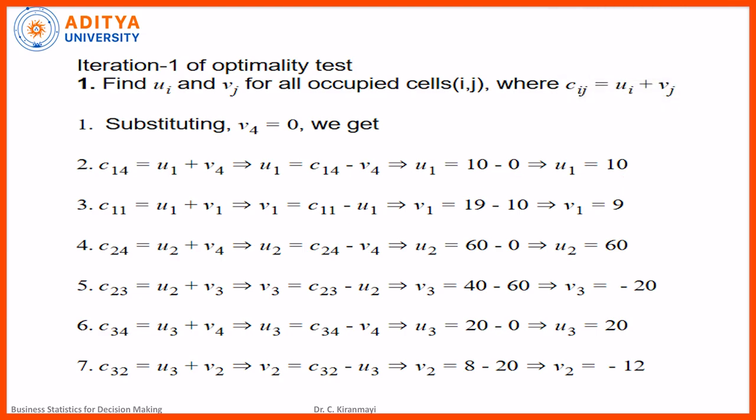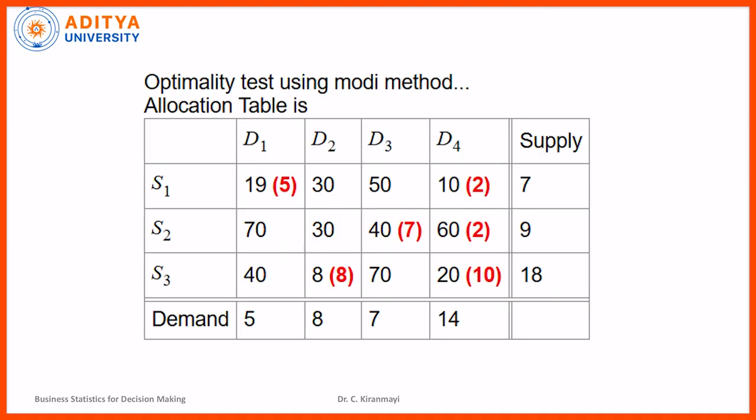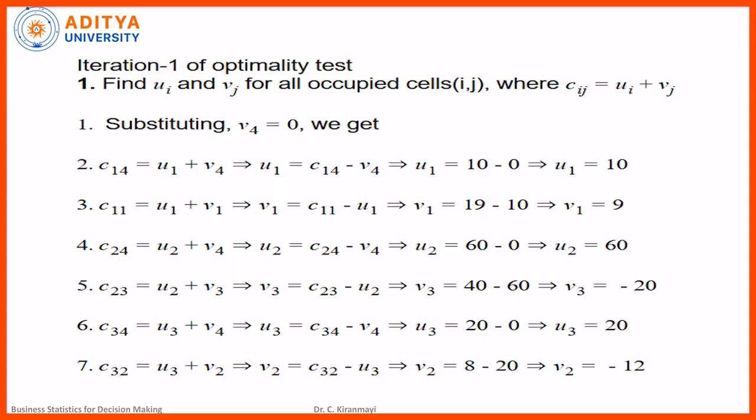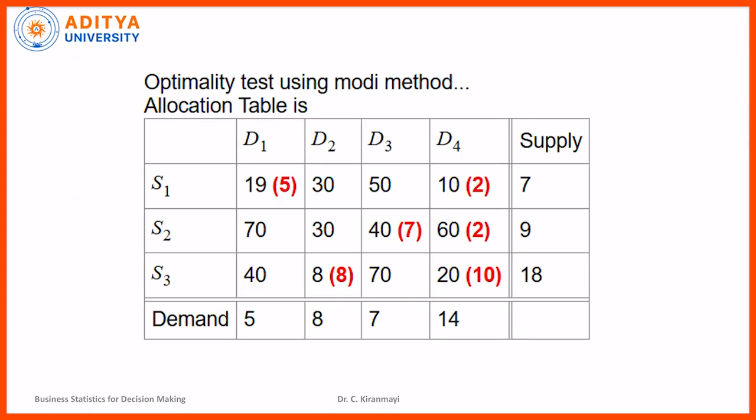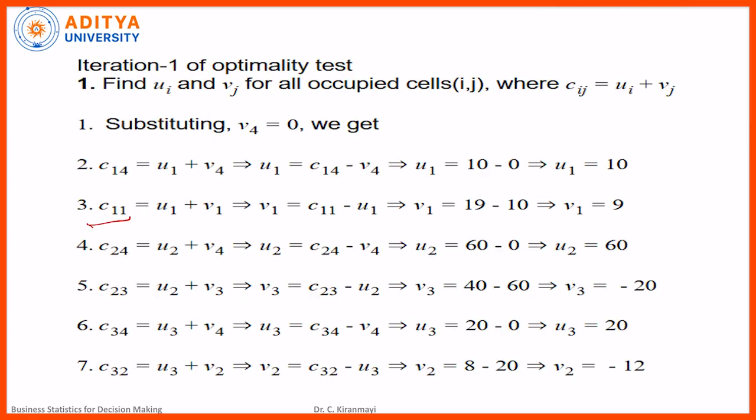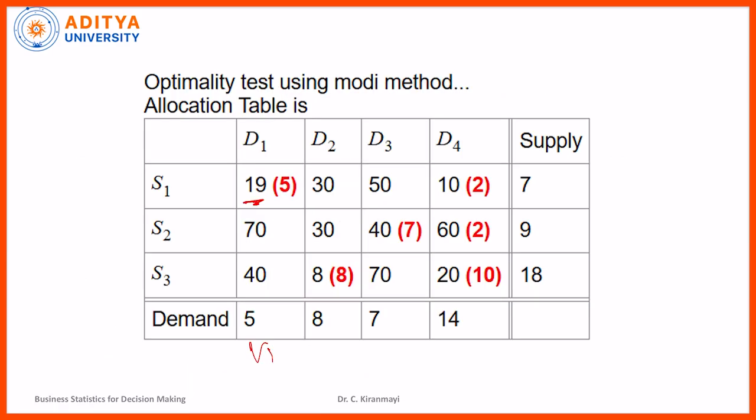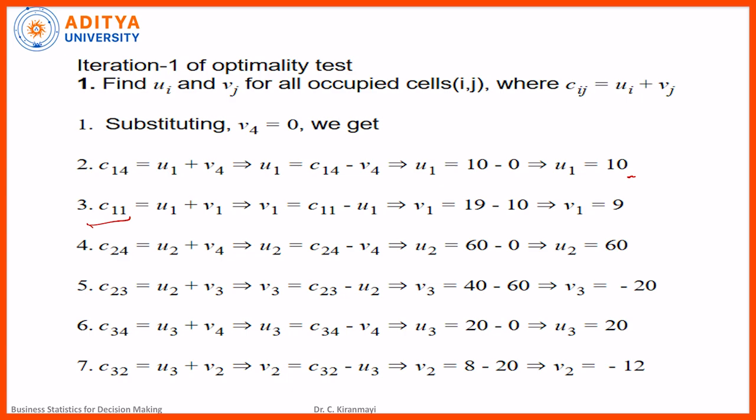The next cell we can consider is C11, whose value is 19. Since we have obtained the U1 value, we can compute the V1 value using C11. The C11 formula is U1 plus V1, and U1 we have already obtained as 10, and the value in C11 is 19. So, 19 minus 10 gives 9.